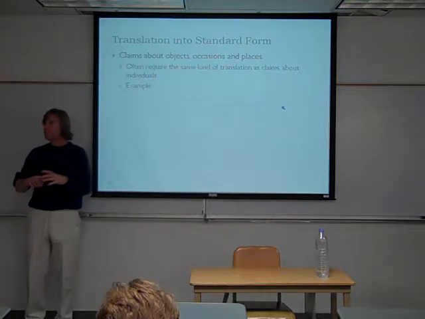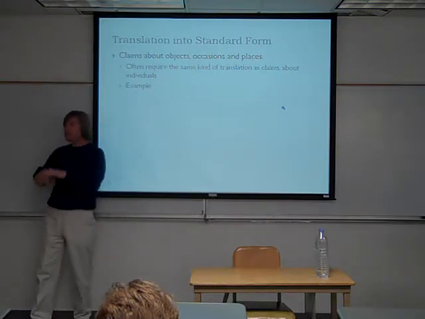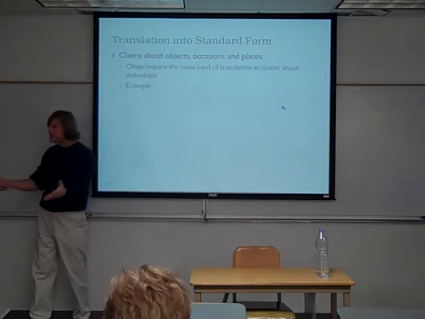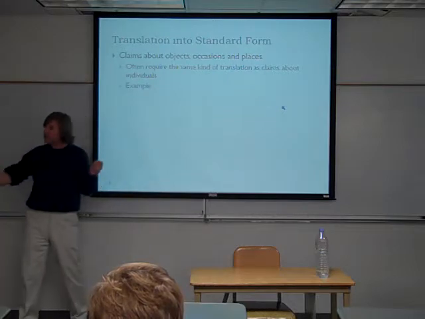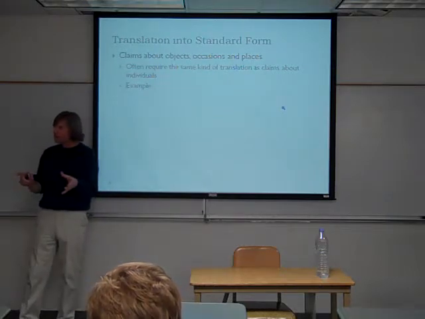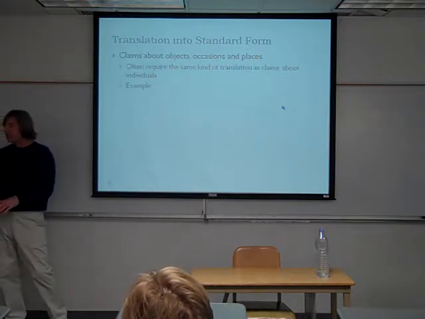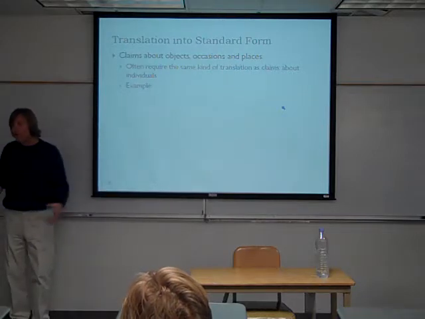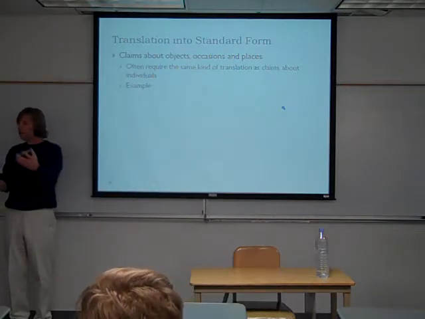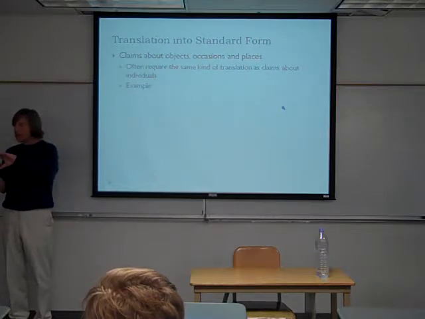That's because, to be honest with you, this form of logic only deals with classes and categories. So in order to play this logical game, it has to be translated into a class. Now, what the authors are saying is that when you translate something about Kaylin into all people identical with Kaylin, those are equivalent. They have the same meaning, and they're going to have exactly the same truth values.